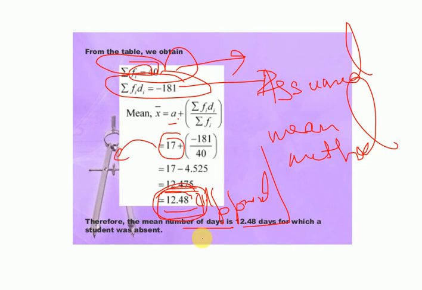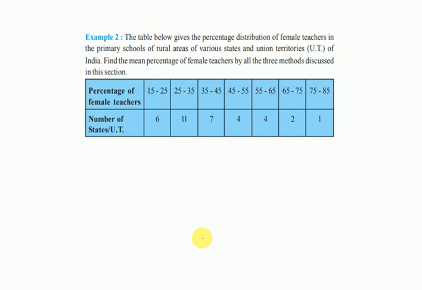Now we will solve the next question by using the step deviation method. So let's see the question. Here it is given the percentage of female teachers in a number of states. 15 to 25% are in 6 states, 25 to 35 are in 11 states, and so on, right? Now we have to find the mean percentage of female teachers by all 3 methods.